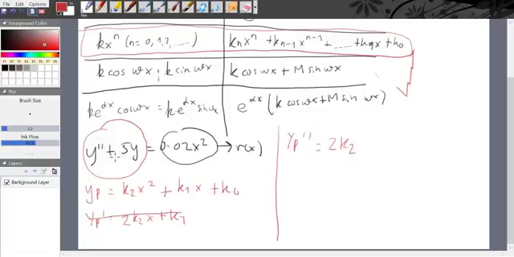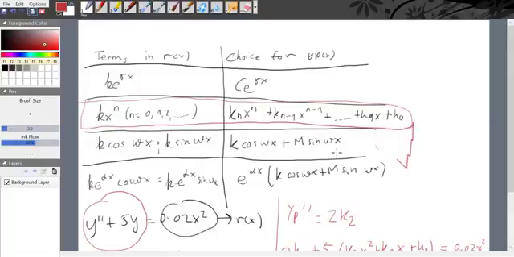But if there is a y single prime, you could always substitute it with this form in other cases. So substituting it, we're going to have 2k2 plus 5 times k2x squared plus k1x plus k0 equal to 0.02x squared.